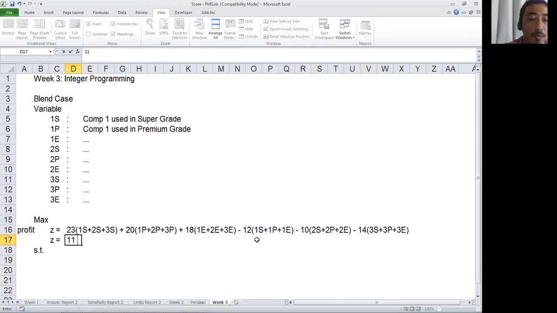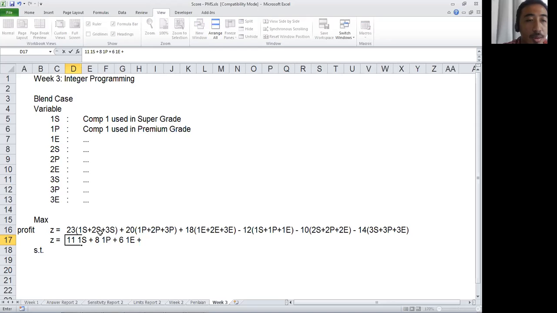Plus 1P: 20 minus 12, so 8 1P. Plus 1E: 18 minus 12, so 6 1E.